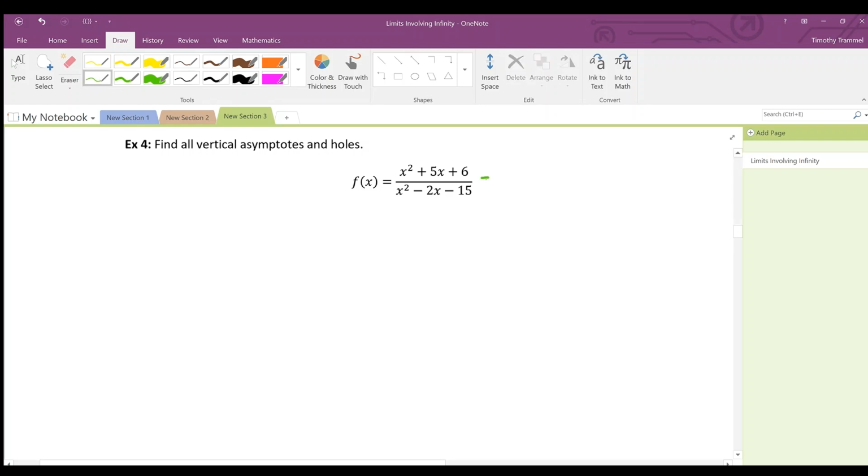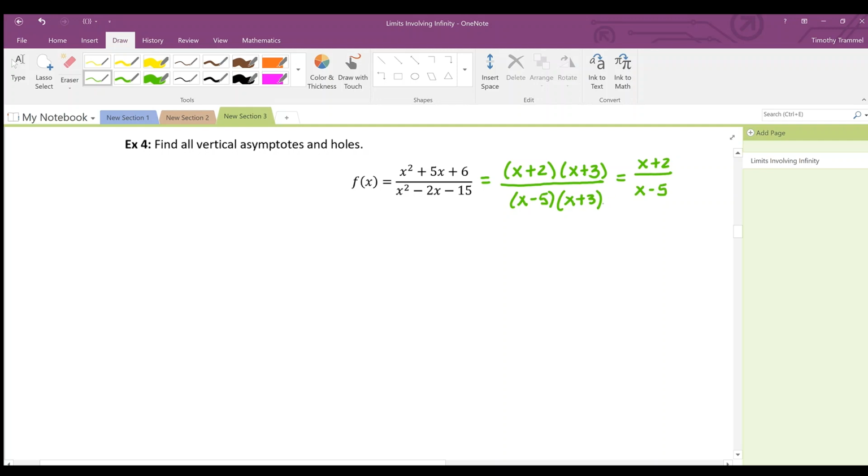If we factor this a little bit, maybe into x plus 2 times x plus 3 all over, and now we're looking for two numbers that add to -2 and multiply to -15. Then you can see that we can simplify this a little bit. This is x plus 2 over x minus 5.